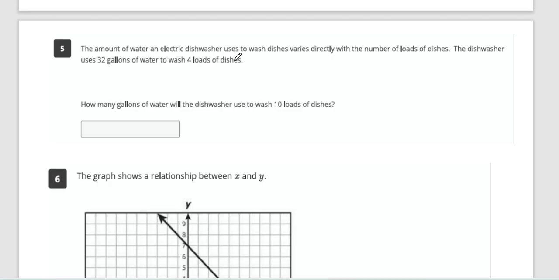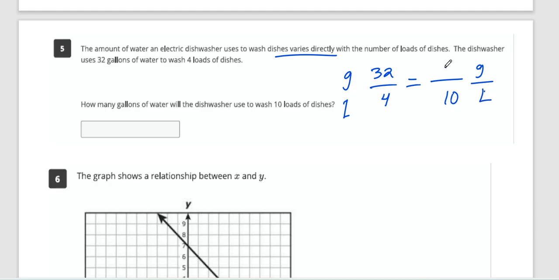Okay, amount. I just want you to see, varies directly, guys. Varies directly, easy. Here, straight up proportion. Okay, so 32 gallons of water, 32 gallons with 4 loads, and then gallons with 10 loads.